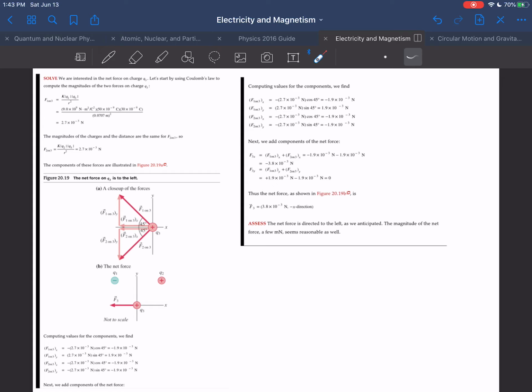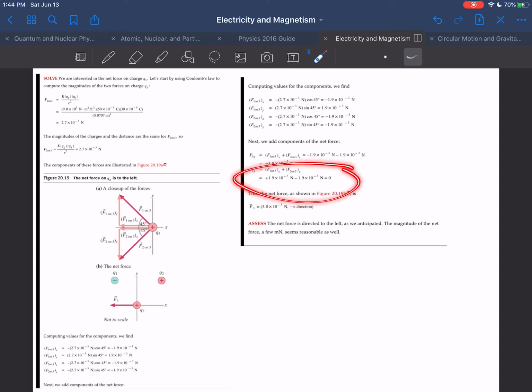Notice that comes about by taking the hypotenuse, 2.7 times 10 to the negative 3 newtons, and multiplying by cosine 45. We can then just straightforwardly double this value, negative 1.9 times 10 to the negative 3 times 2, and that gives us a net force in the x direction of negative 3.8 times 10 to the negative 3 newtons.